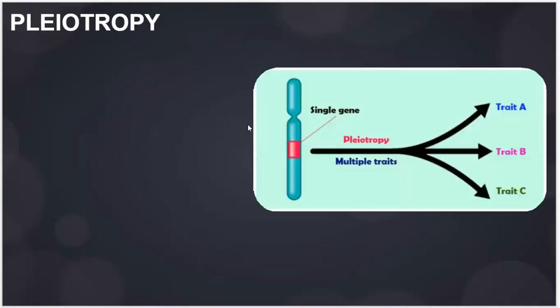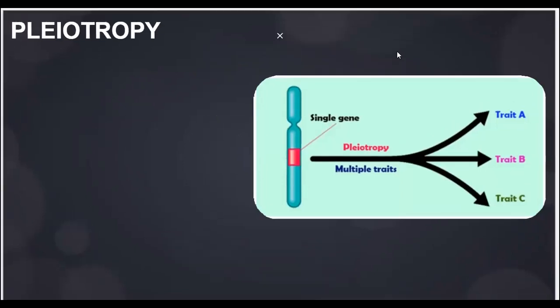What is pleiotropy? First, we can understand pleiotropy. It's the simple definition. First we'll see the representation which is there on the screen. You see that there is marked over here something as single gene. What is the effect of the single gene? It is having multiple traits.